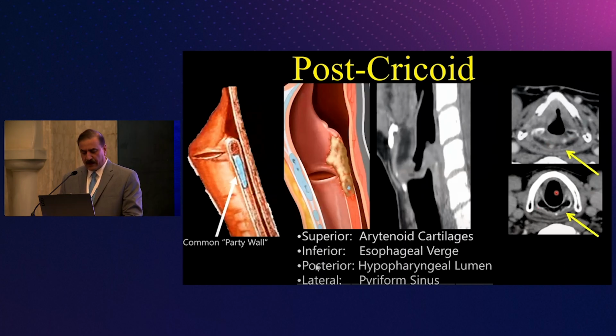So you have the cricoid lamina, you have this soft tissue stripe behind it, you have the mucosa, and then you have the posterior pharyngeal wall. So to say, the anterior wall of the mucosal space is your postcricoid region, or the common party wall, as we call it. It just divides it into two areas.